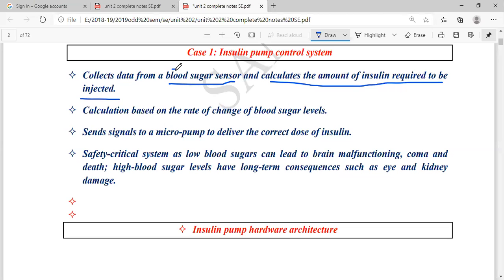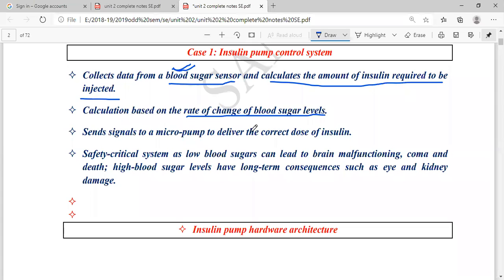So we need the blood sugar and we need to test the blood, and depending on that, the blood sugar level is calculated. Depending upon the rate of change of blood sugar level, there is a calculation which needs to be made for blood sugar levels. After taking that blood sample, different calculations must be performed.